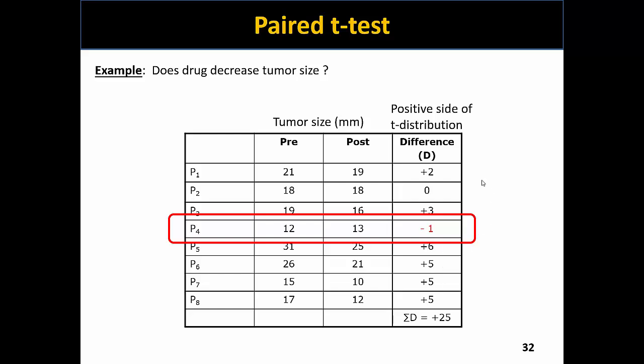When we see these data, the question we're going to ask is about these differences that occurred among all the participants. 0 is still a difference, a difference of 0, but does the fact that one patient had an increase negate any statistically significant trend that might appear? That's the point of doing the t-test. So the first step is to calculate the differences horizontally, and then we add up vertically, and we have a sum of the differences of +25.